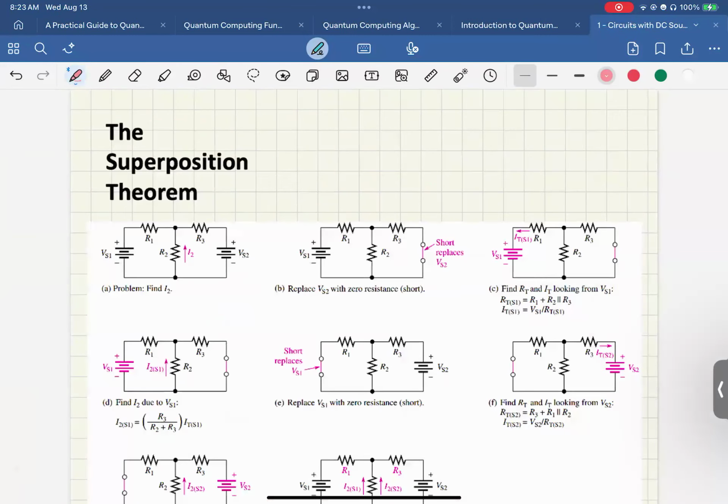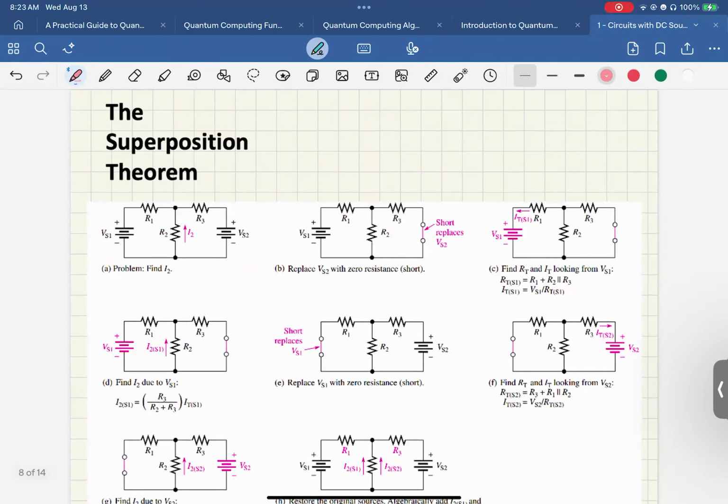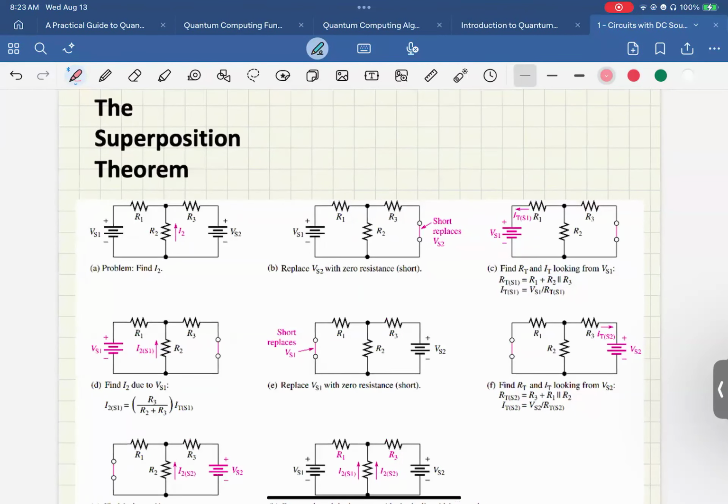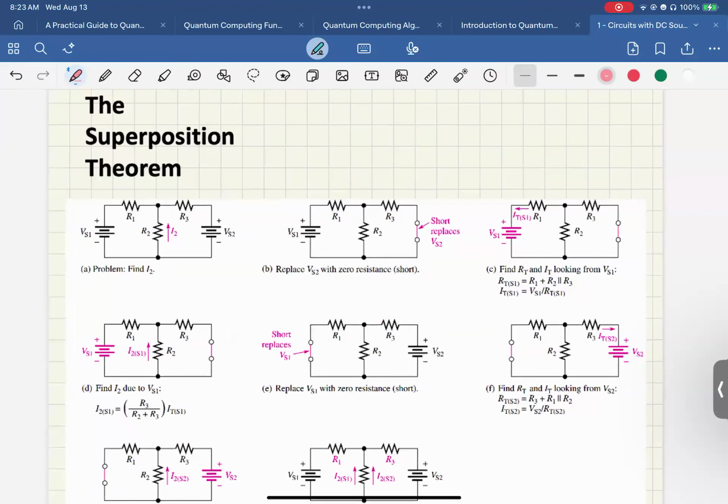Kaya pang mag-react. Okay. So next concept is called the superposition theorem. Ano ang superposition theorem?